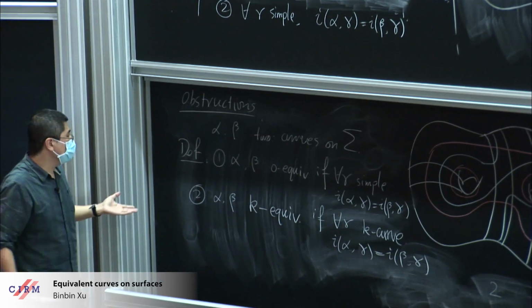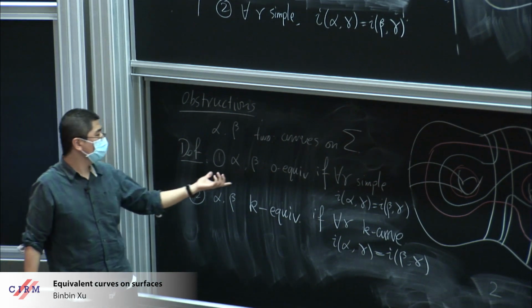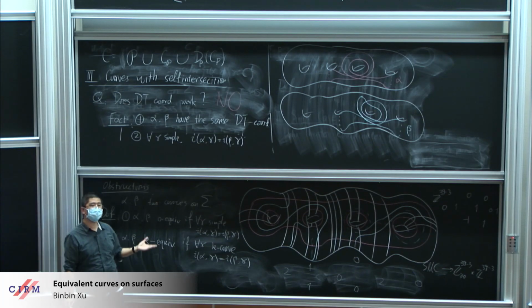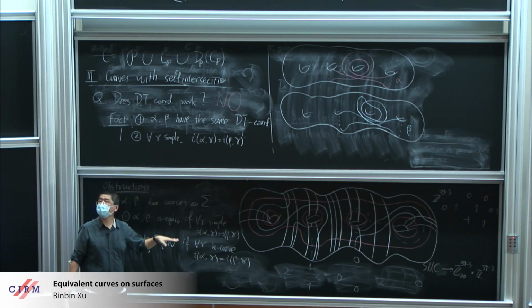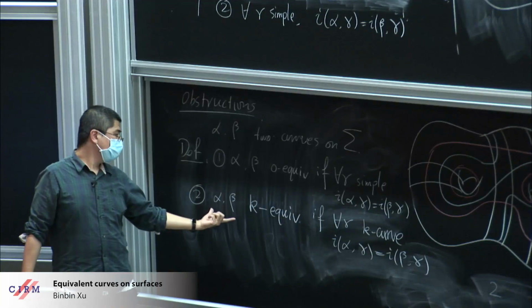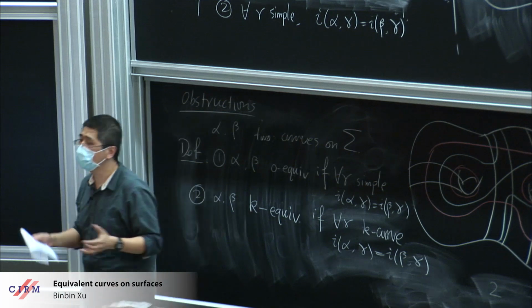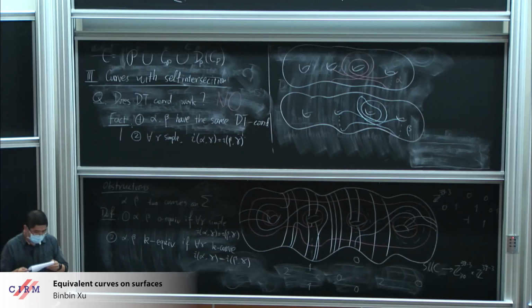So what does this mean? Basically, when we cannot tell alpha and beta apart by their intersection with a simple curve, we say they are zero equivalent. If we cannot tell them apart by their intersection with a k-curve, we call them k-equivalent. Of course, once you have a definition, the first thing you want to check is, do they exist?